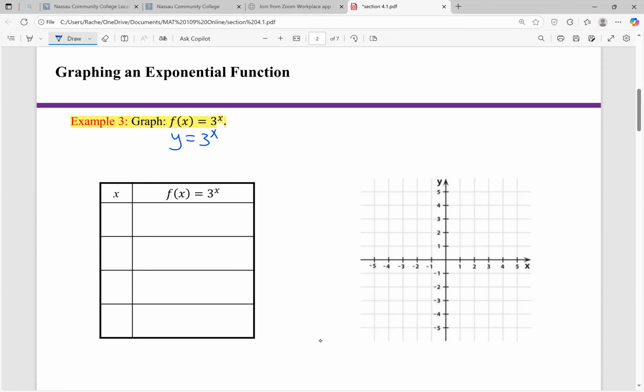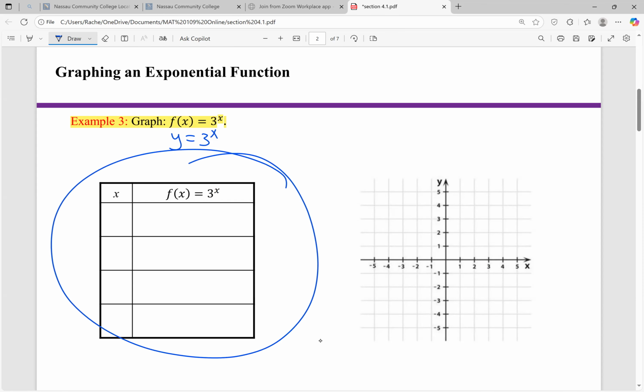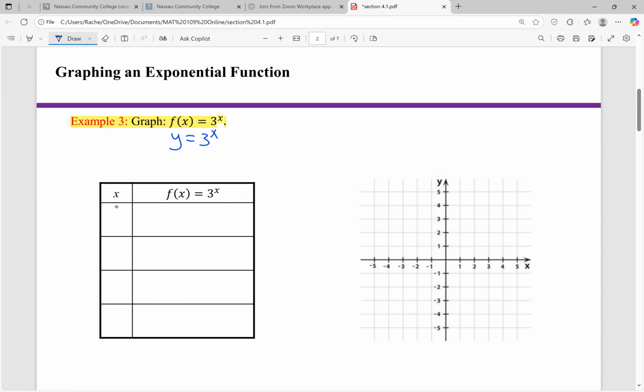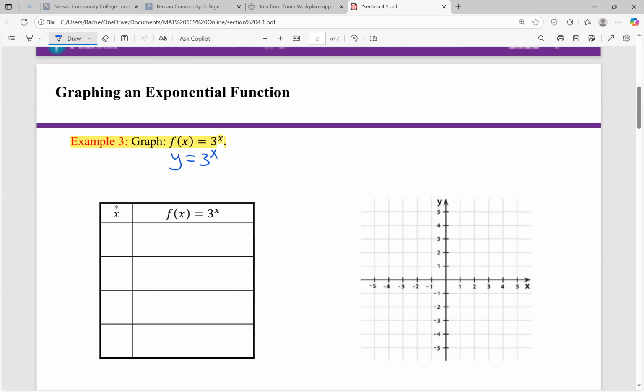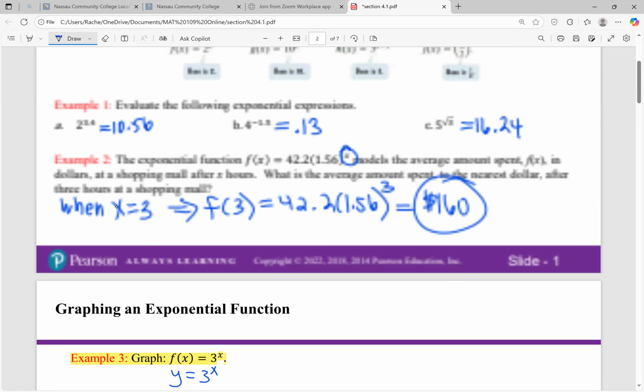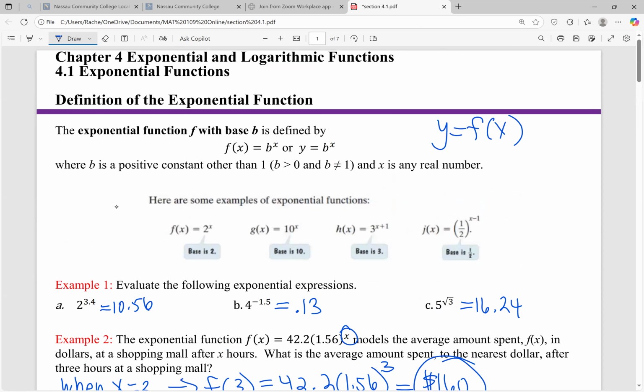So that's what I did down here. So I made a table where we could pick some x values, and then we could evaluate the y values given those x values that we picked. So let's think about this. We said up here that when we're dealing with an exponential function, x can be any real number.